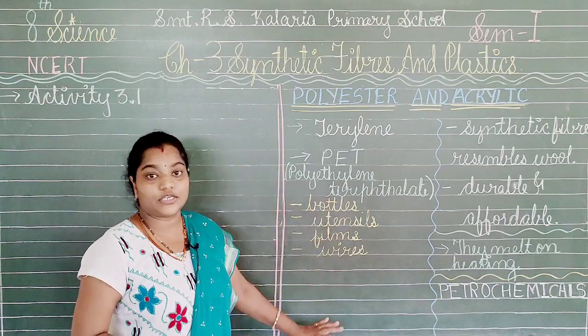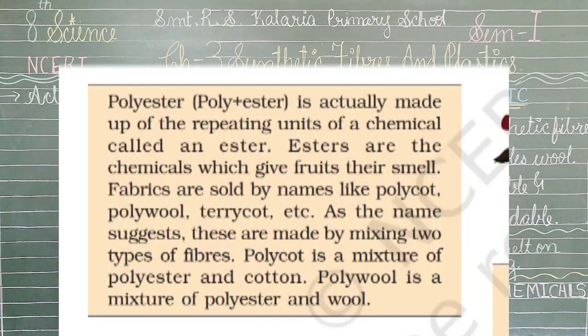Now we have another thing here. Polyester is actually made up of repeating units of a chemical called ester. Esters are the chemicals which give fruits their smell. Fabrics are sold by names like polycot, polywool, terrycot, etc. As the names suggest, these are made by mixing two types of fibers. Polycot is a mixture of polyester and cotton.